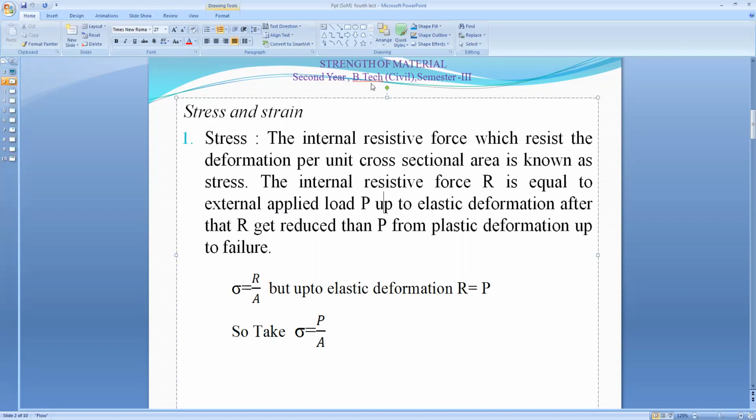So there is a creation of internal resistive force after the application of external force. The definition indicates that the internal resistive force per unit cross-section area is known as stress.